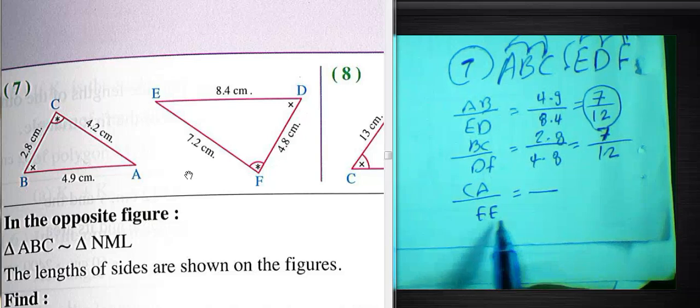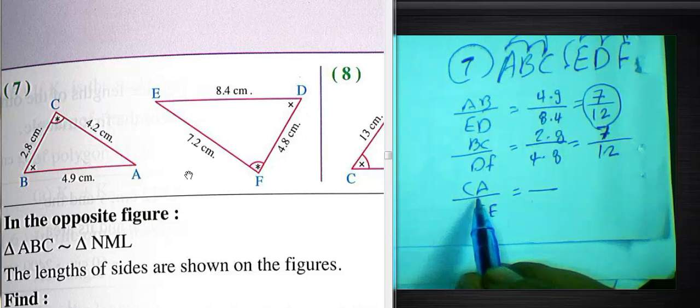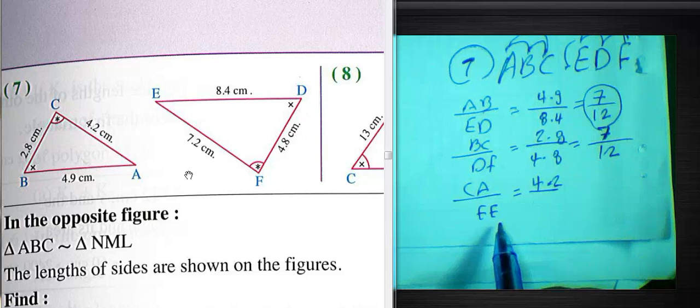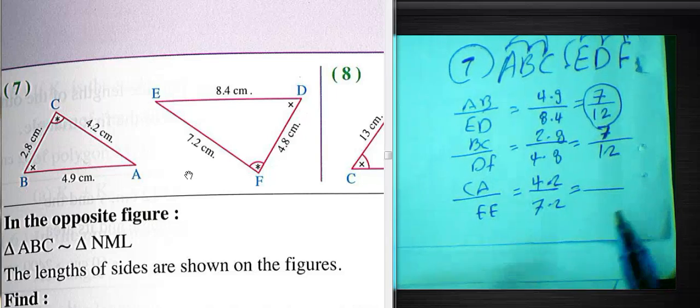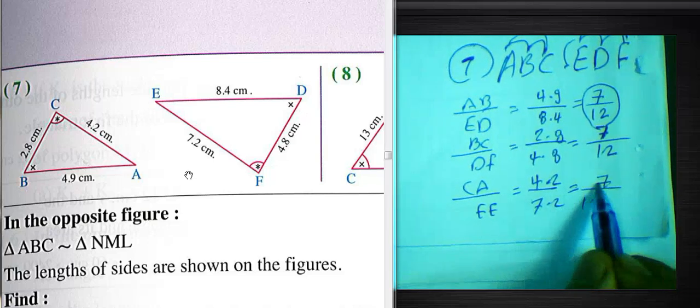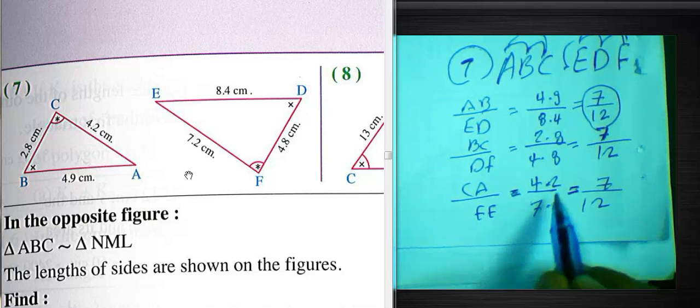CA over FE, CA equal 4.2, FE equal 7.2. We can divide it by 6, 12, and this divided by 12 equals 7, because we multiply by 10 to cancel the point, numerator and denominator.